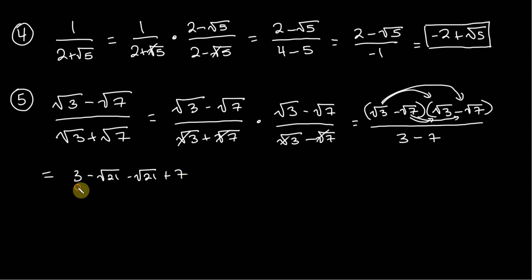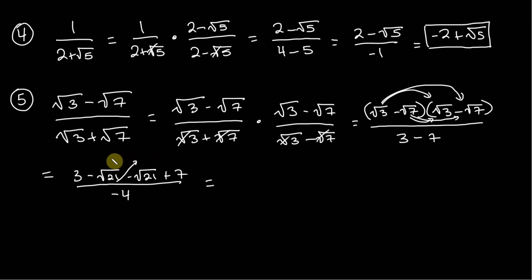Okay? And then all of that, and here we know that 3 minus 7 is negative 4. Or think of it as negative 7 plus 3. And we can still simplify this further. So negative root 21 minus root 21, that's just going to simplify to minus 2 root 21.